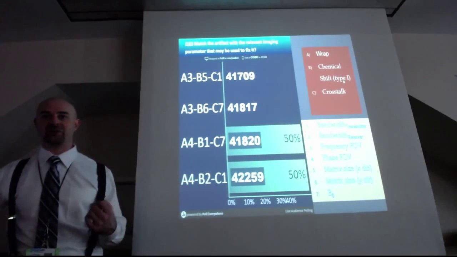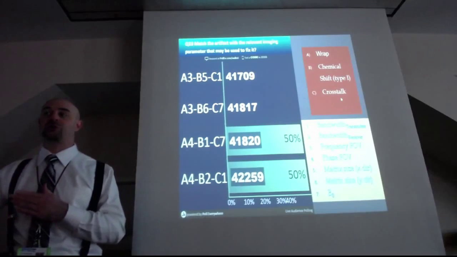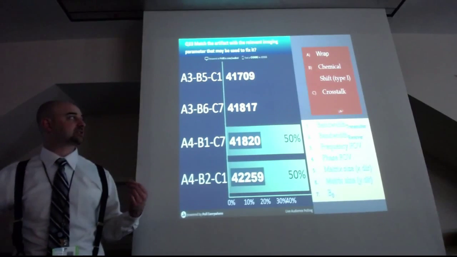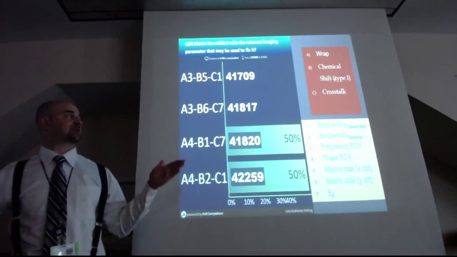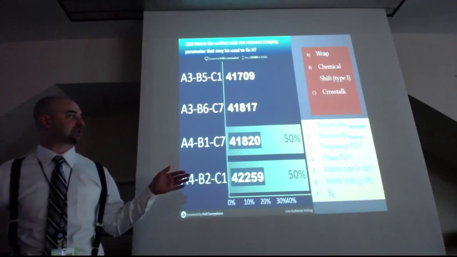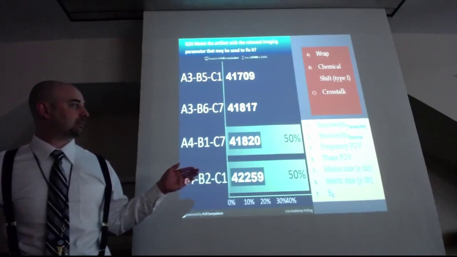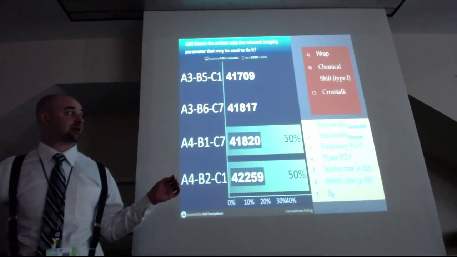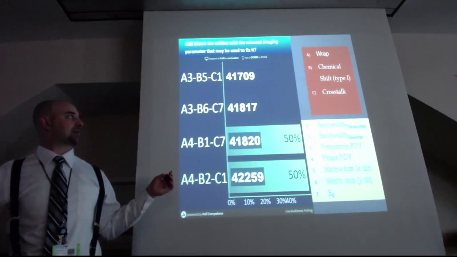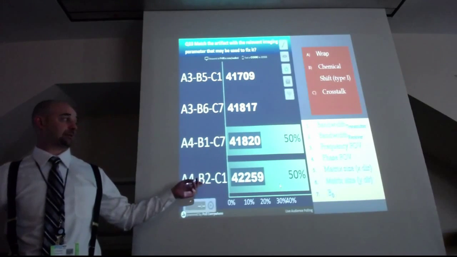Chemical shift, that's a pixel misregistration due to different gyromagnetic ratios and a phase shift, or frequency shift. So if you increase the gradient in the x direction, or the read gradient, which is the same thing as the receiver bandwidth, then that's B2.